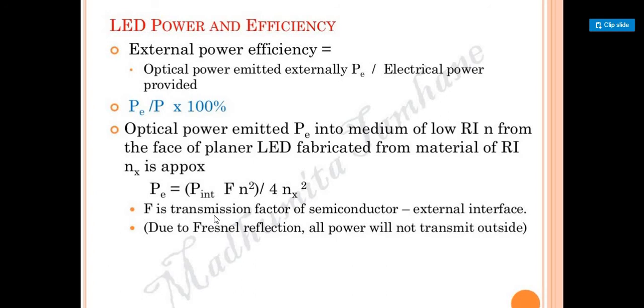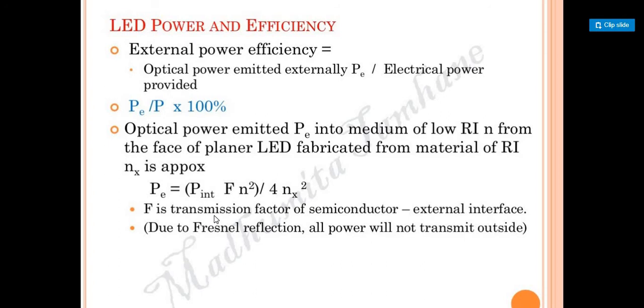Due to Fresnel reflection, not all the power we pass will be transmitted outside; some will be reflected back inside itself. Because of that, we can find the power. Clear? So this is how we obtain the LED power and its efficiency using these relations.